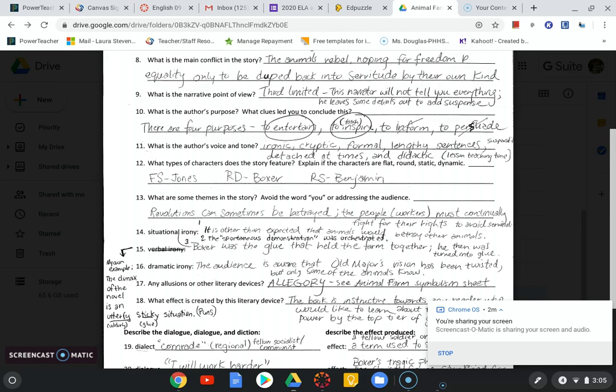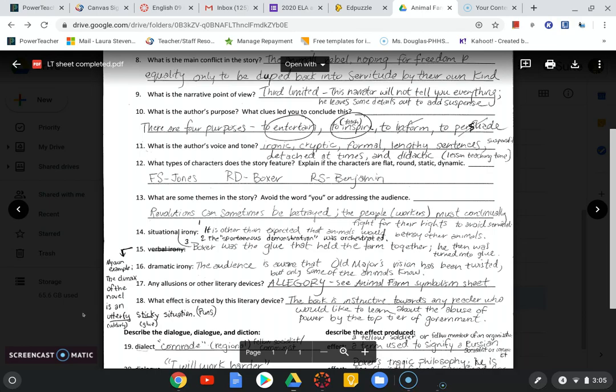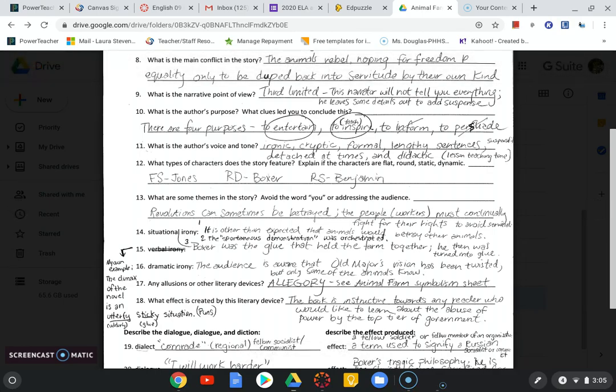And dynamic means this character undergoes a psychological change. Yes, Boxer is complex. He can't read. He believes in Napoleon, but at times he questions. He's a fighter, but he doesn't want to kill. He's very complex. But I would say that he's dynamic because he undergoes the psychological change at the end.